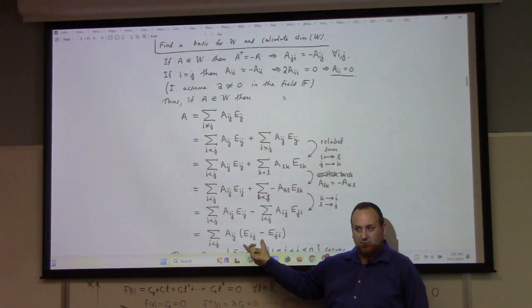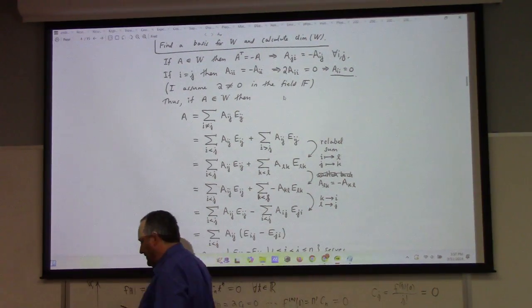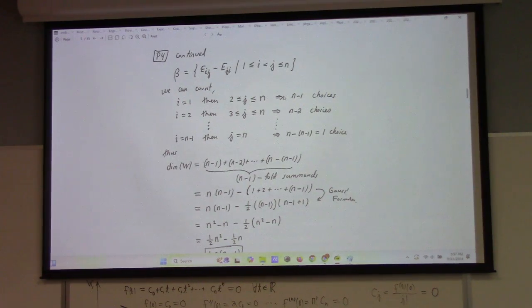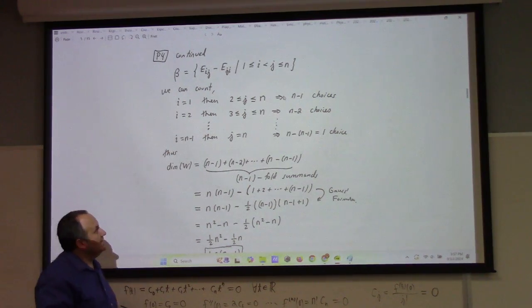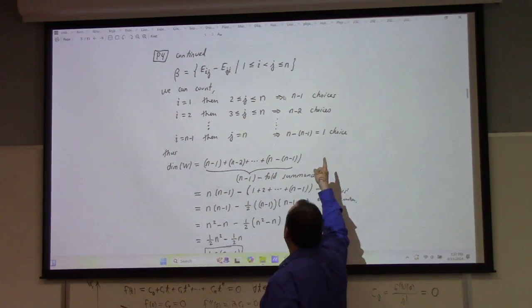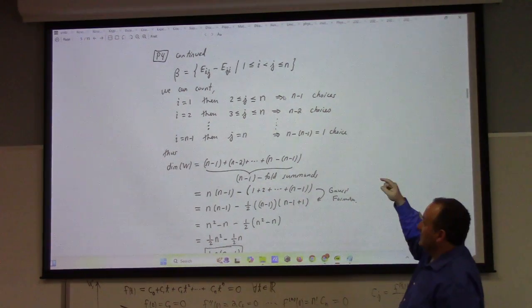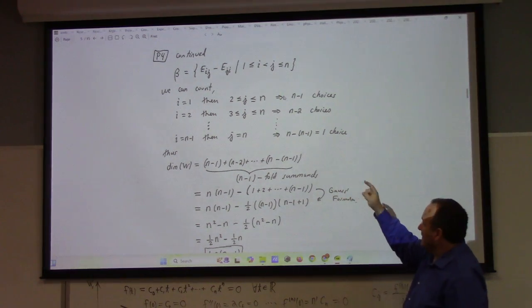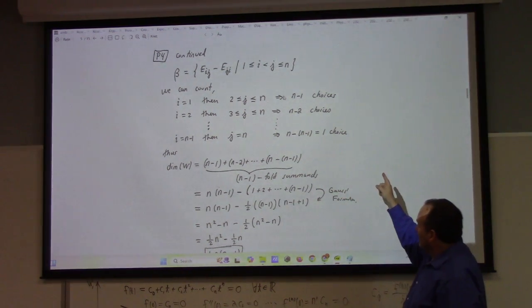of these animals. How many are there? Well, I have a very complicated way of calculating it on the next page. You want to see? This is how not to do it. So if you look at it, the first choice, i equal to 1, I've got n minus 1 choices. Then the next one, if I put i equal to 2, I got n minus 2 choices. All the way up to i equals n minus 1, then I got 1 choice.